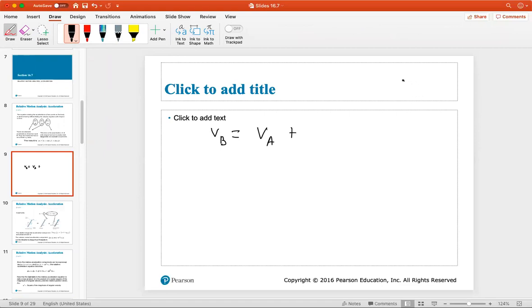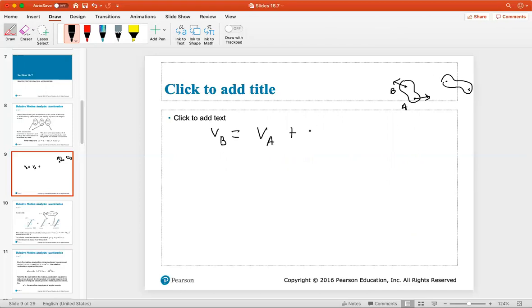So if I had an object, here's point B and here's point A, and say A is going that way and B is going that way, then later on you find that the object has done something like this. What this is saying is you can think of the motion of point B as the same as the motion of point A, but on top of that, it's got a rotation.